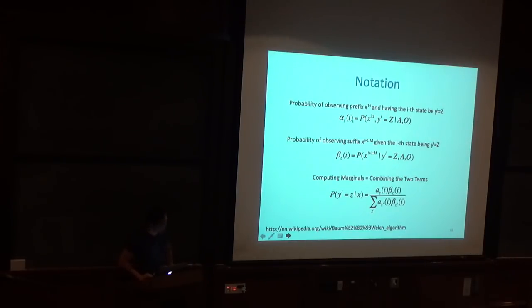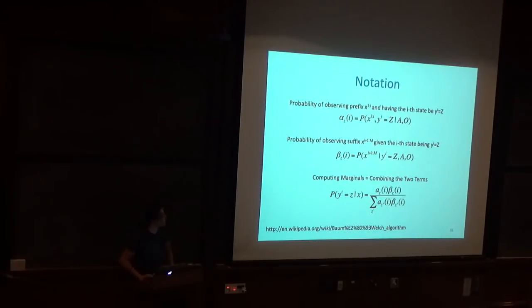The prefix solution is basically modeling the probability of observing the first, let's see, I'm going to use i to index the first i words, given that the ith part of speech tag is whatever free variable z. The suffix solution is modeling the probability of observing words i plus 1 to m, given that yi is the part of speech tag variable z.